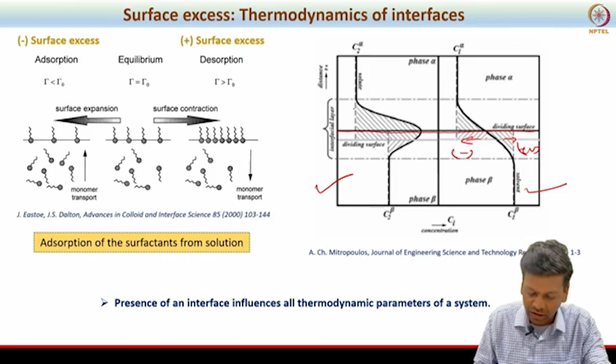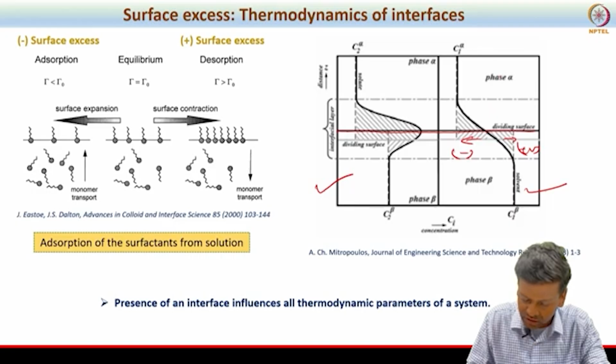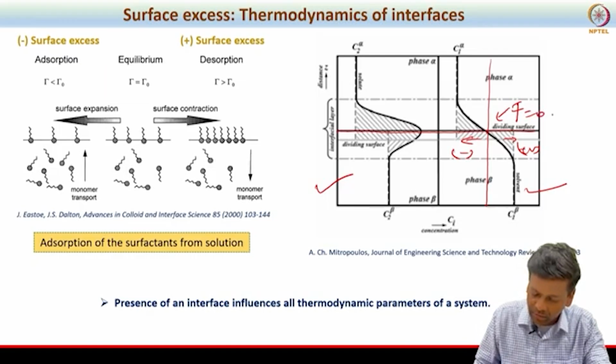Whereas in this case, because the distribution is asymmetrical in nature, you will not be able to get equal areas. So for the solute it will be very difficult to identify the midpoint or the reference plane, right. But here it is very easy to understand the reference plane, because at this point you have a midpoint where the surface excess gamma is 0, right. So when you identify the midpoint, it is easy for us to calculate.